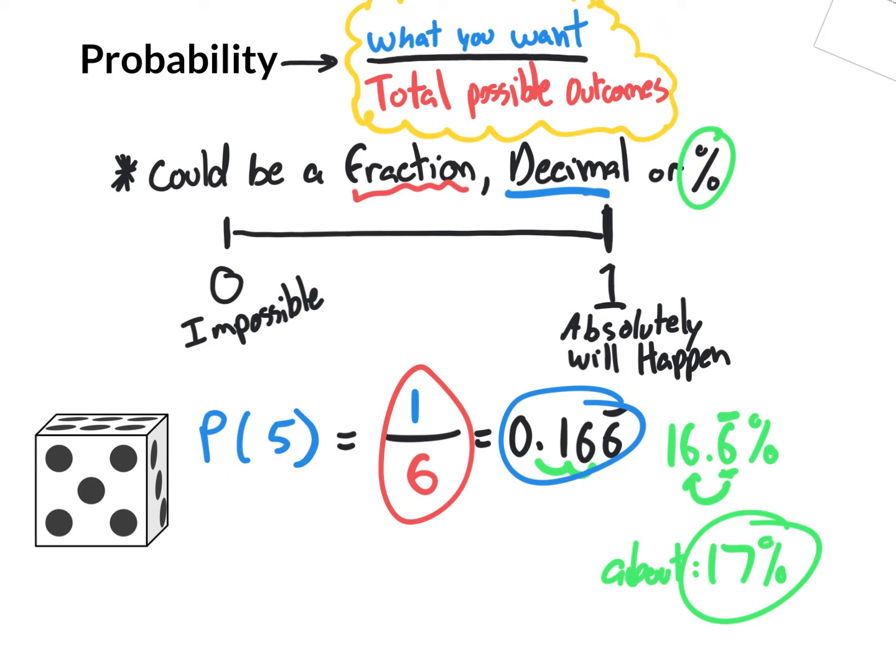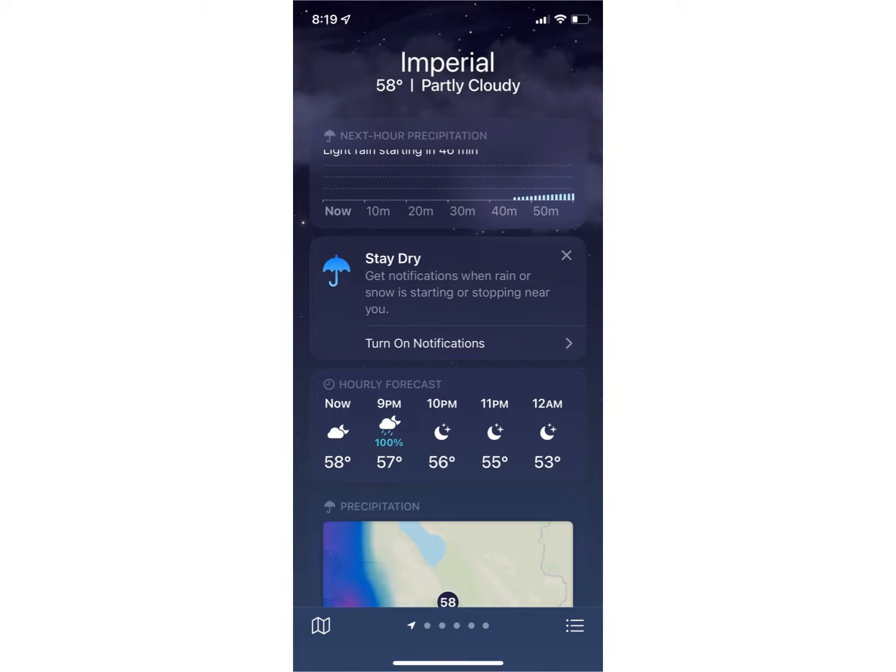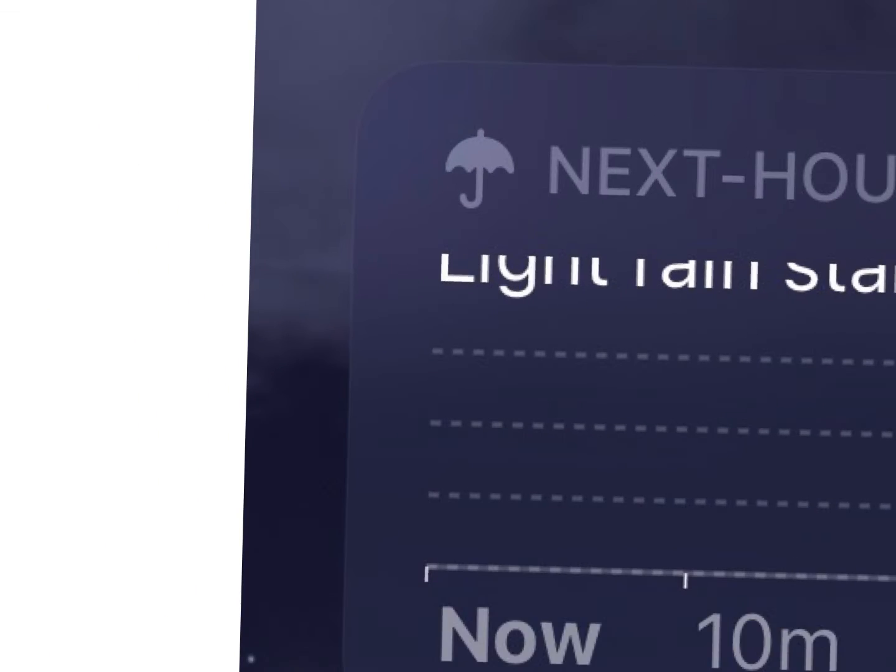Now, sometimes we see these probabilities misused. For example, last week, true story, I was walking out to throw out the trash. It was 8:19 at night, and I looked up at the sky, and it was kind of cloudy. And I'm like, well, what's the chance of rain? So I asked Siri, and here's my screenshot of my cell phone.